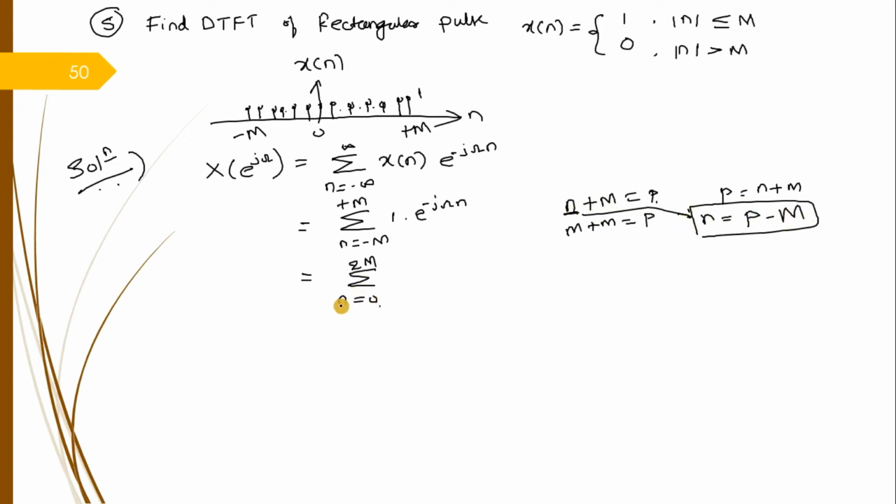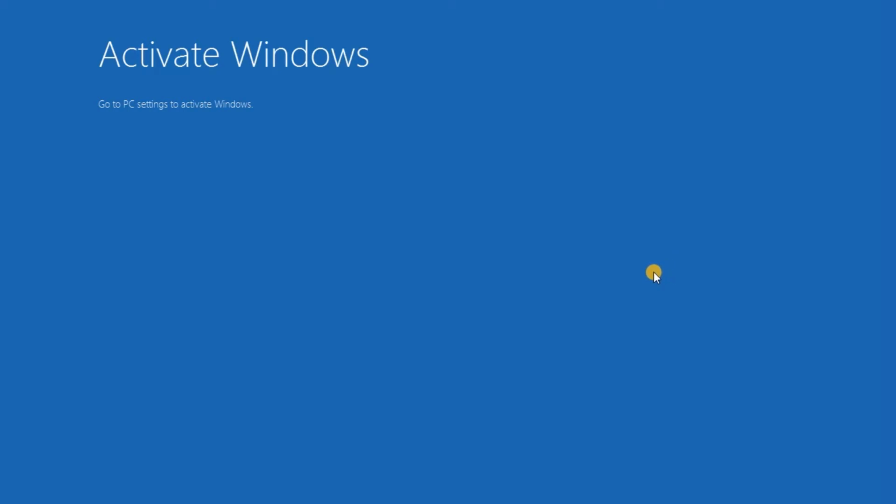So here n is equal to 0, I can say p now. So p is equal to 0 till 2m, e raised to minus j omega, and n can be written as p minus capital M. Then we get it as, I take this term separately.